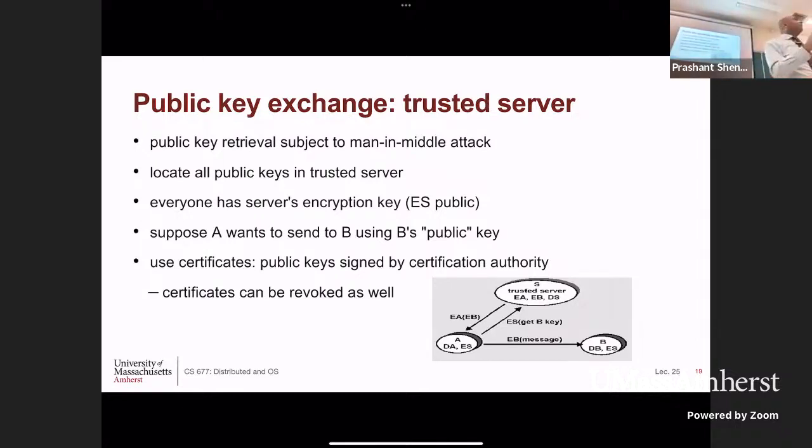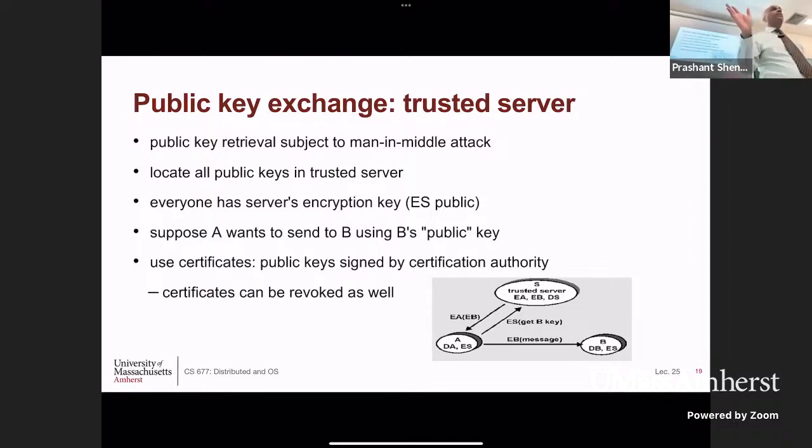So the certificate is simply someone else's public key signed by the certification authority's private key. So that's a digital signature on that string. Now anyone can decrypt that message because you have the public key of that certification authority. Once you decrypt it, it will say this key belongs to Alice and here is the key itself. So anyone can extract the key.